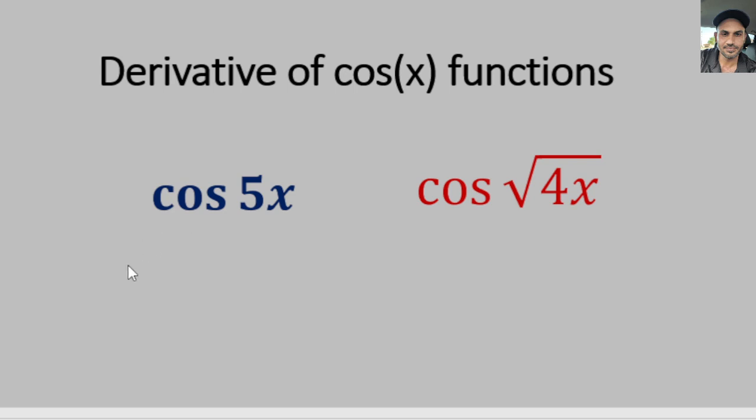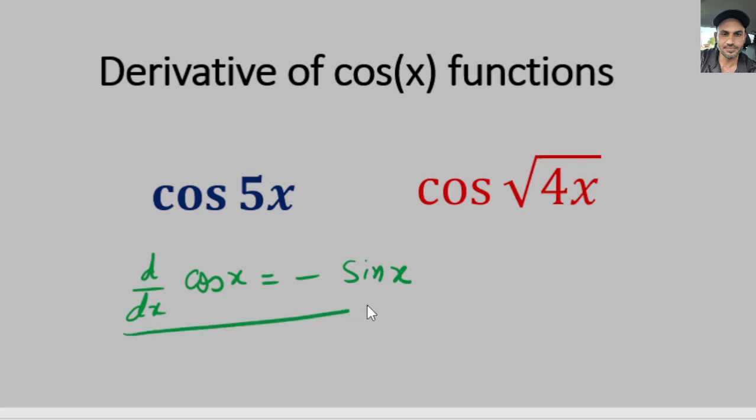So we already know the derivative d over dx of cosine of x equals negative sine x. When we take the derivative of cosine, we get negative sine. And another thing that we have to keep in mind is the derivative of cosine of u.